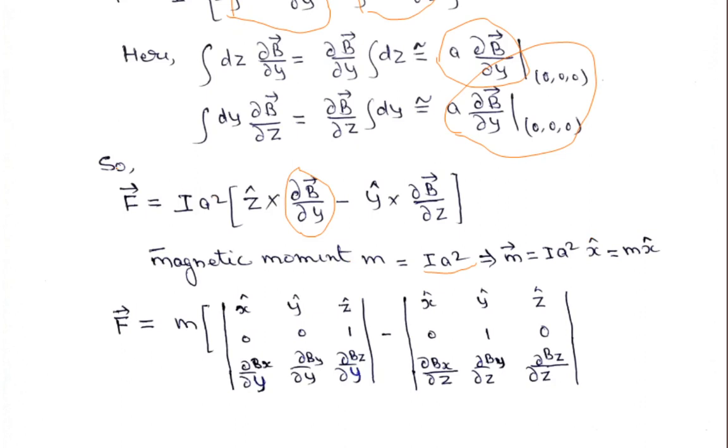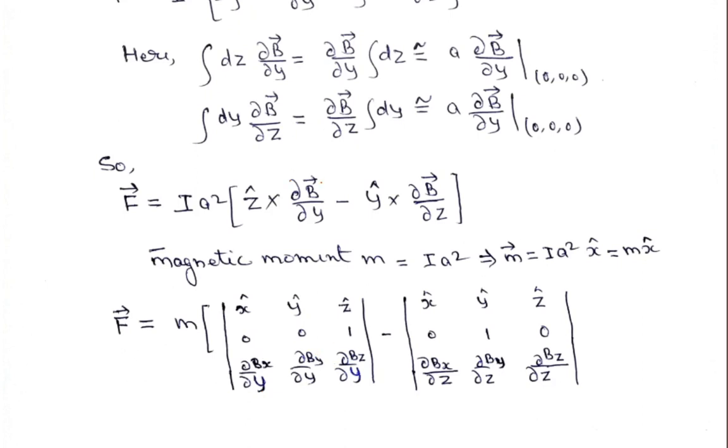Then we can find the total magnetic force in a non-uniform magnetic field, F is equal to m. In order to do that, we have to take the cross product, and to find the cross product we can take a determinant: x unit vector, y unit vector, z unit vector, with components x unit vector 0, y unit vector 0, and z unit vector 1, and del b upon del x, del by upon del y, del bz upon del y.